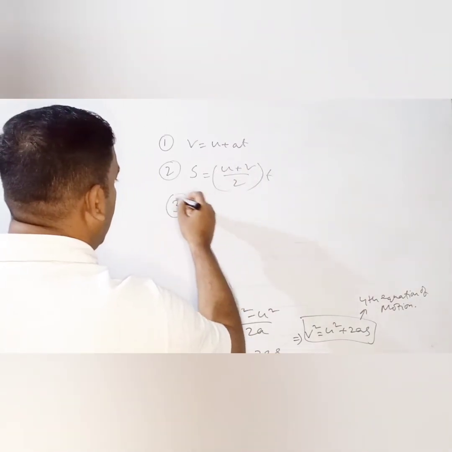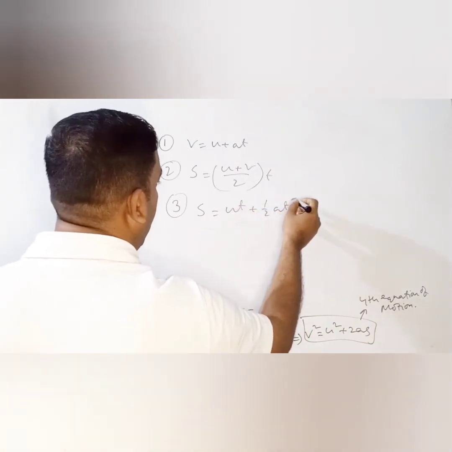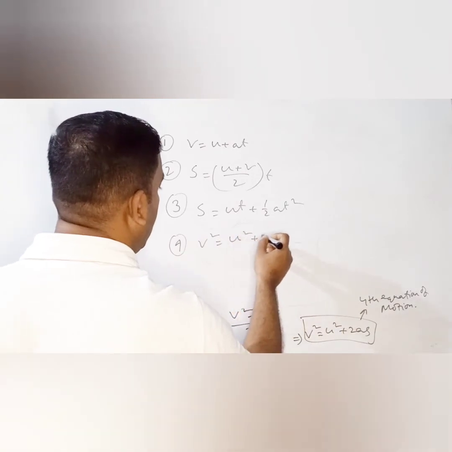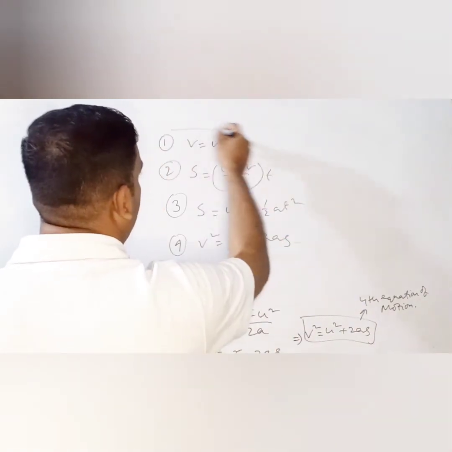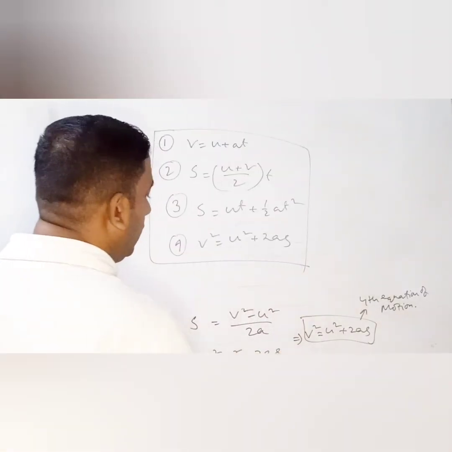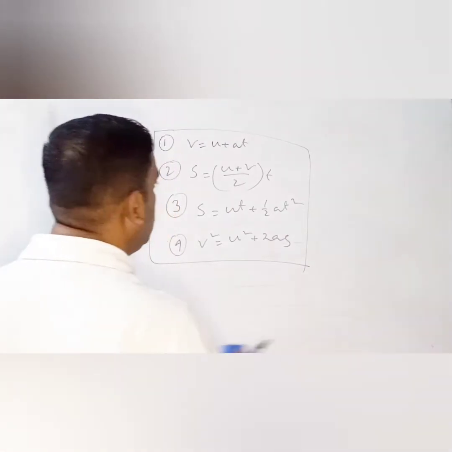Number 3, s equals to ut plus half of at square. And number 4, v square equals to u square plus twice as. This is the formula for equation of motion. You can easily solve your mathematical problem from chapter 2.